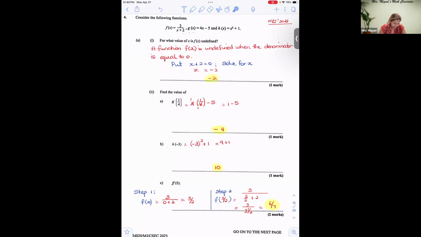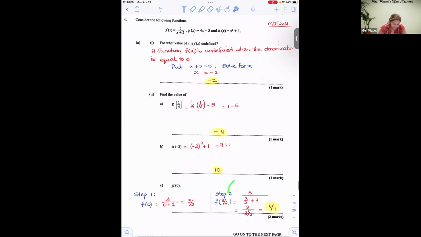What you could have done is find f of 0 and get 3 over 2 or 1.5, and then substitute that into this and get 6 over 7. Even if, in the exam, you just found f of 0, CXC will give you 1 mark.